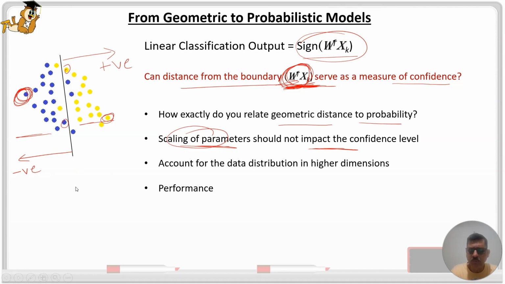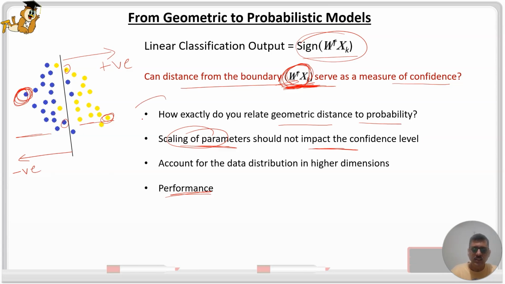And finally, performance. I mean, this is an empirical observation. It turns out that the probabilistic models that we are going to talk about in this lecture generally perform much better in terms of estimating probabilities, as opposed to a model where you simply map the distance to a probability or a measure of confidence.